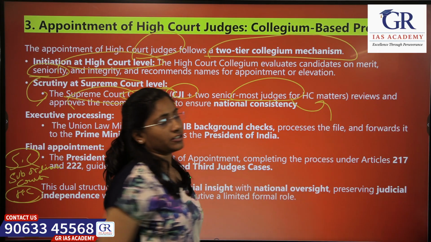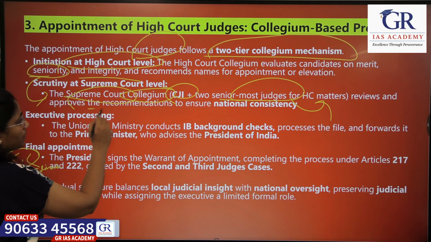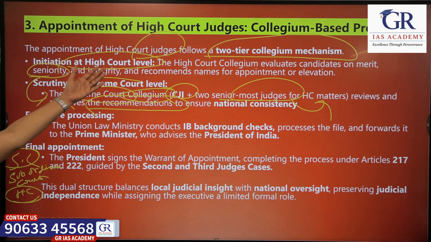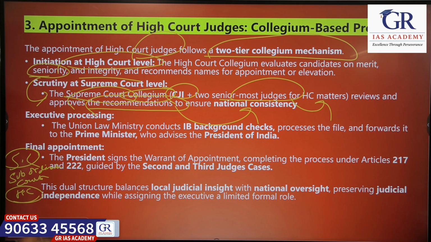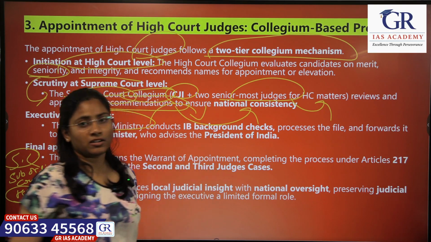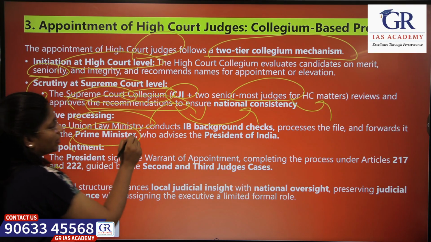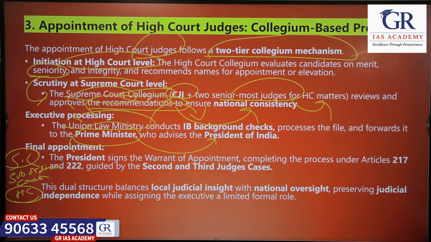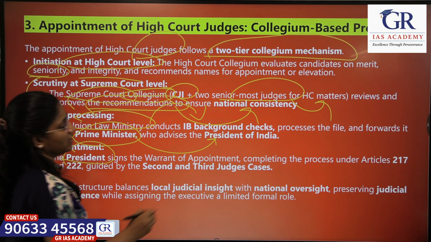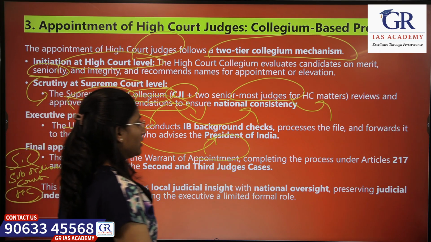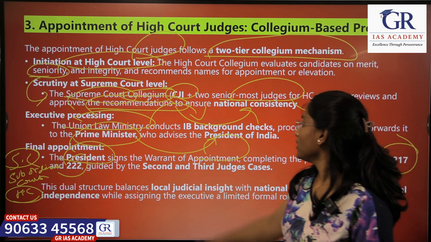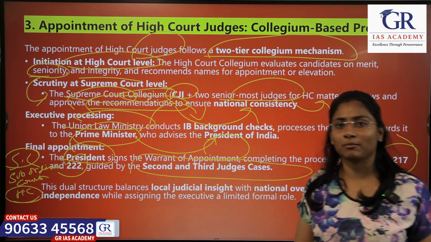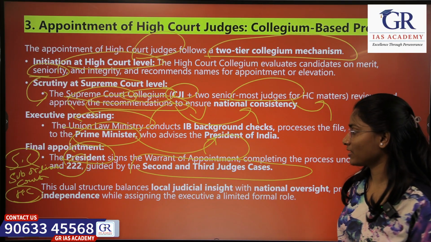It reviews and approves the recommendations given by the High Court Collegium to ensure national consistency. Then the Union Ministry again conducts an IB check, then forwards it to the Prime Minister, who advises the President of India to sign the appointment letter. The President signs the appointment letter, completing the process given under Article 217 and 222, which has come from the second and third judges cases.